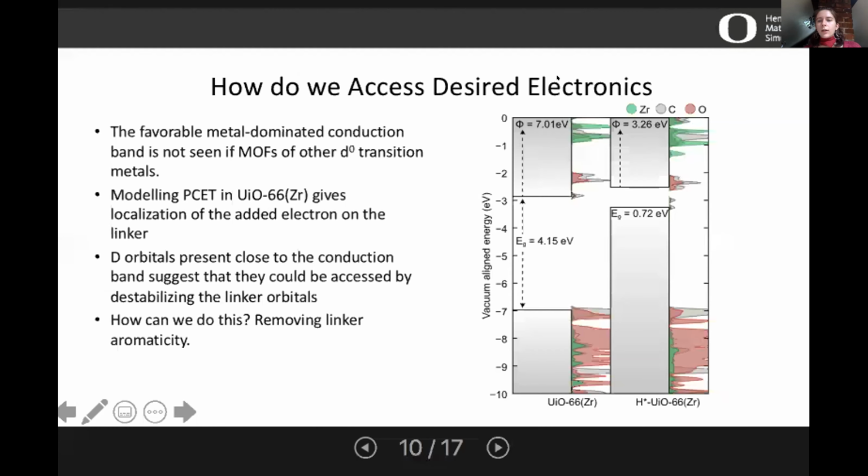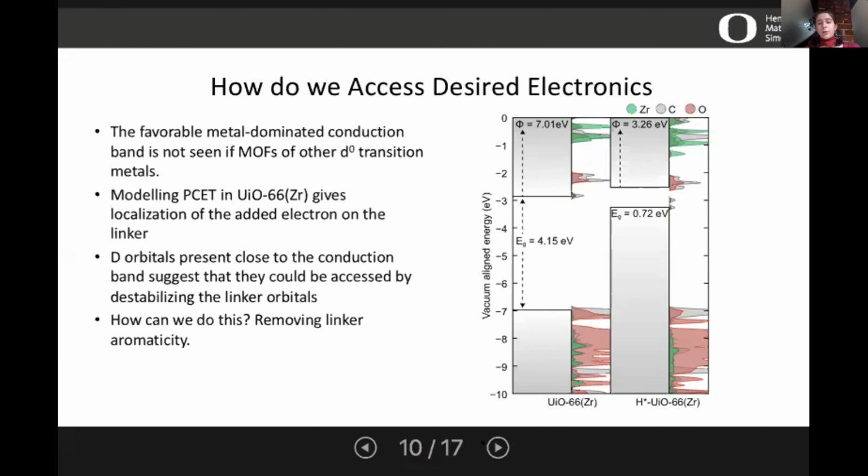But you can notice that if you look just a little bit above the conduction band edge, you see some zirconium orbitals right up here. And so that makes us think that if we were able to destabilize our linker orbitals so that they went up in energy, then our zirconium states would now be our lowest energy unoccupied states, and they would be accessible.